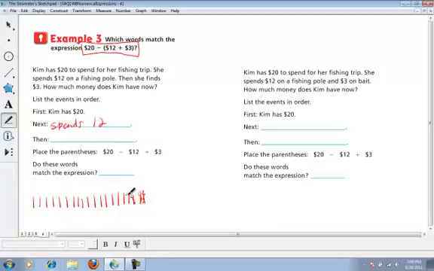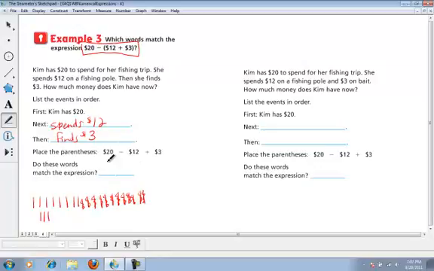Then she finds $3. So what does that mean? If you said it means I'm going to add $3 more, you're correct.